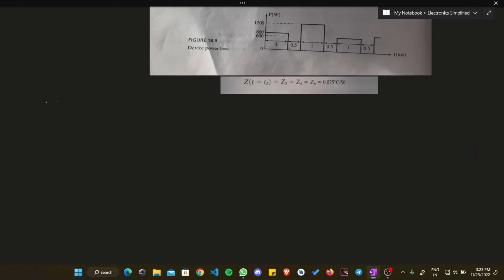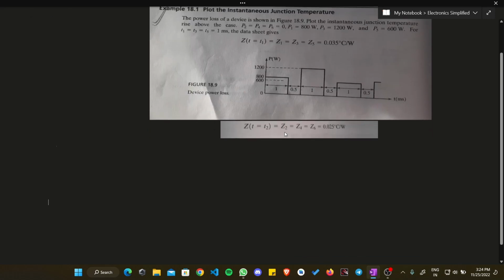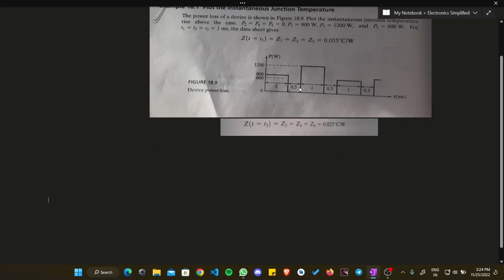Now we will start solving this question. First of all, as I said, we will find the junction temperature for each and every time, like 1 millisecond, then 1.5, then 2 millisecond and so on, right? So let's start with finding the junction temperature at the end of the first pulse. Where is our first pulse?